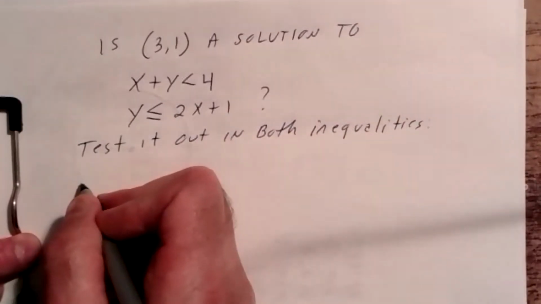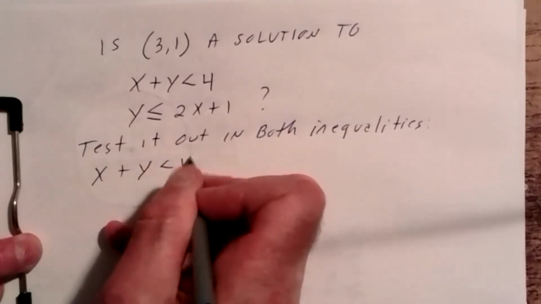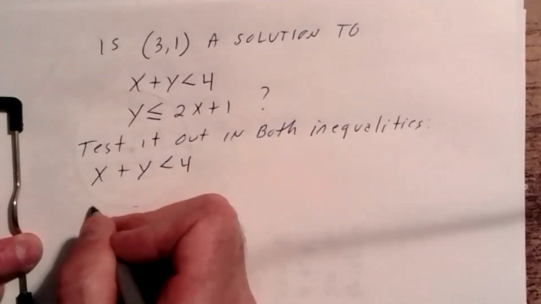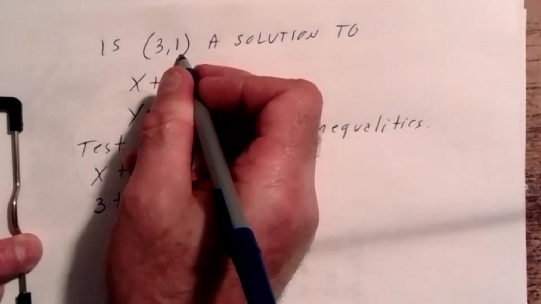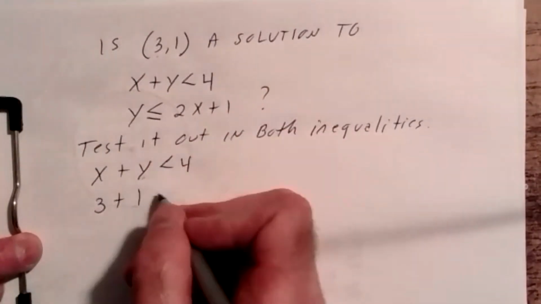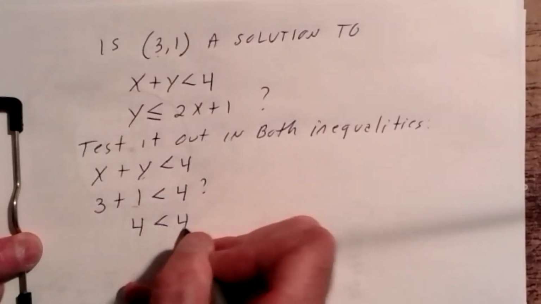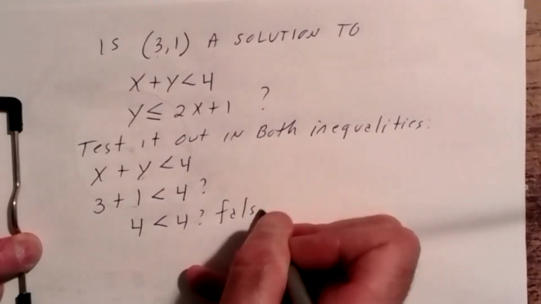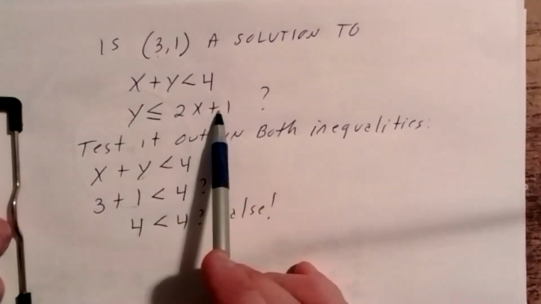So first we'll test it out in the first one, x plus y less than 4. We replace the x variable with 3, the y variable with 1. And we ask ourselves, is 3 plus 1 less than 4? Is that true or false? Is 4 less than itself? That's false. We don't even have to bother testing 3, 1 in the other inequality.